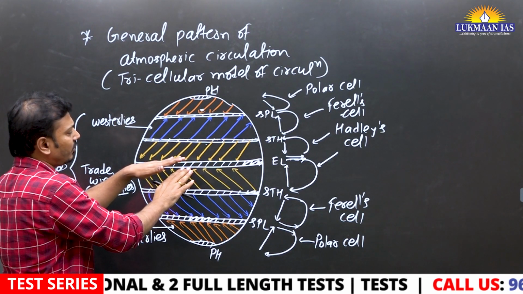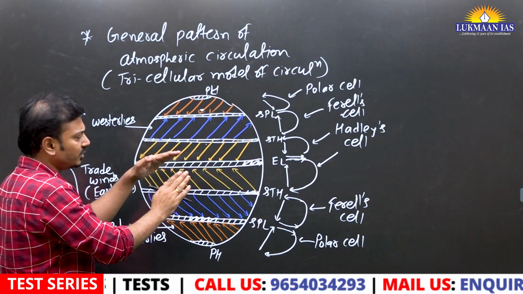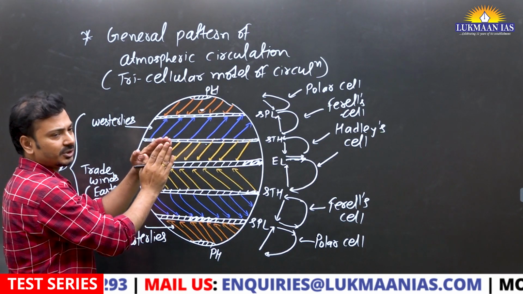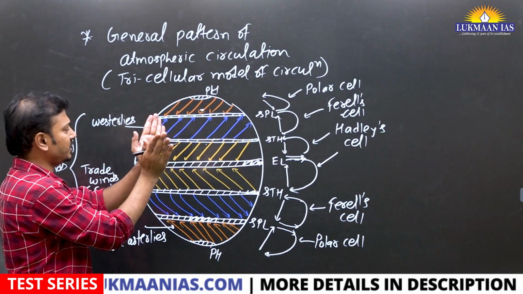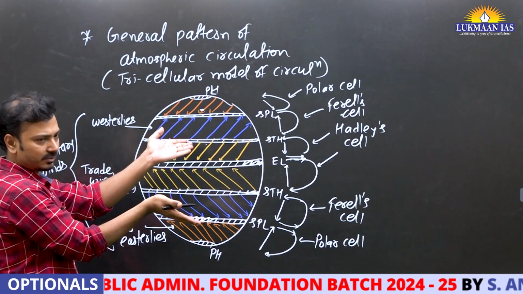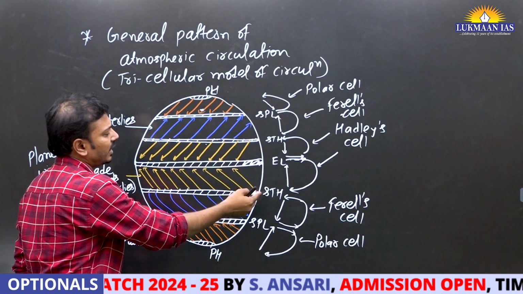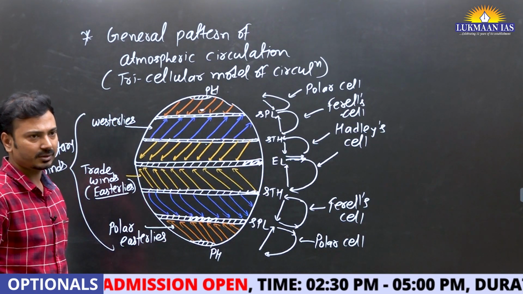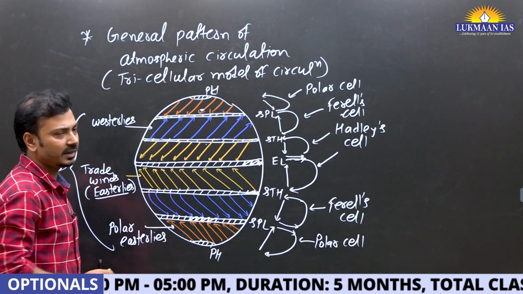Because of the heated ground, they also get heated, and due to higher temperatures they move upward due to convection. In the upper atmosphere they diverge, and at 20° north and 20° south they descend, helping in the formation and sustaining of the subtropical high pressure. So this cellular movement of the wind is forming the Hadley cell.